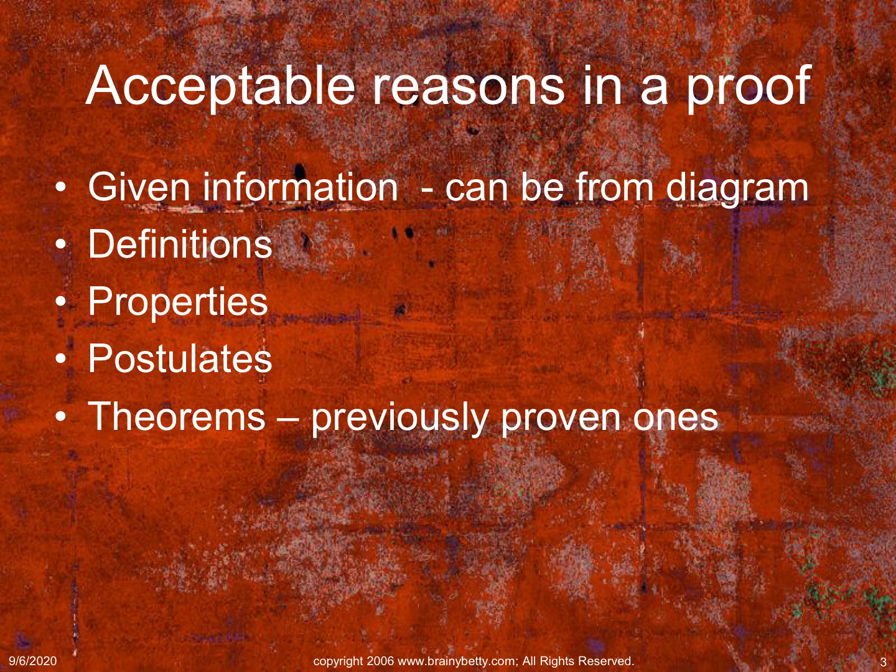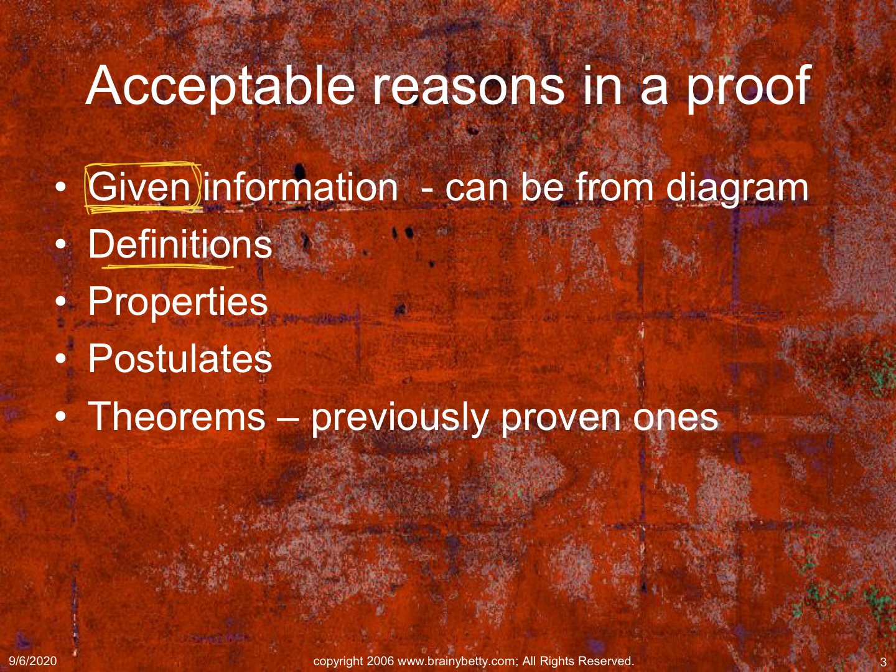So notice the valid reasons. First of all, given information is definitely a valid reason. Anytime you list on the left something that was given to you in the problem, either with words or in the diagram, you are going to list that on the right as a given. The second thing you're going to have are definitions.